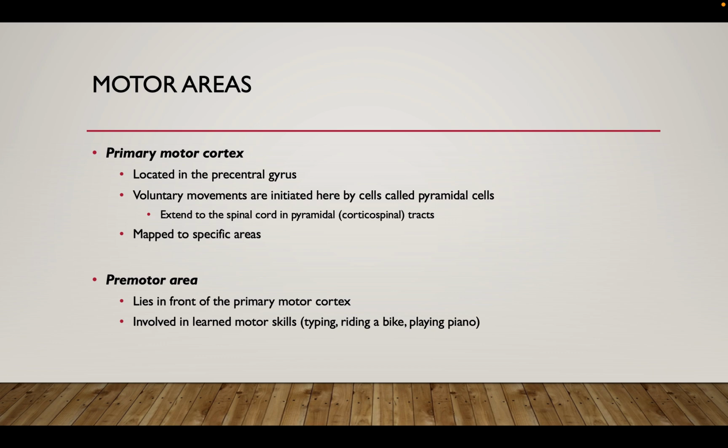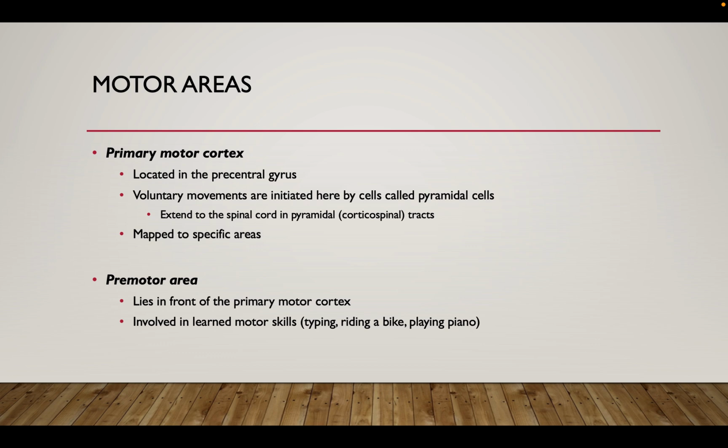Now, our premotor area is similar in that it has to do with motor action, so moving, some type of action, but it has specifically to do with things that are learned, or things that may involve repetition. So if you learned how to tie your shoes, you don't typically forget how to tie your shoes.